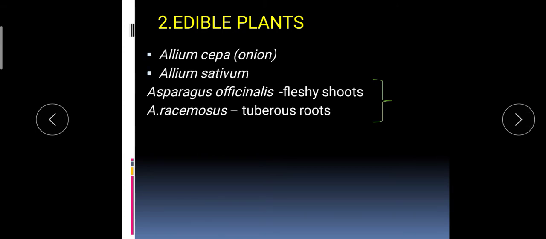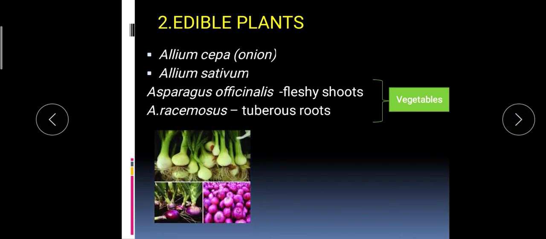Look into the edible plants. You can see Allium cepa. Allium cepa is the onion, and Allium sativum is the garlic. Then Asparagus officinalis, whose fleshy shoots are edible, and Asparagus racemosus, whose tuberous roots are also vegetables. That is usually used in some areas as the edible portion.